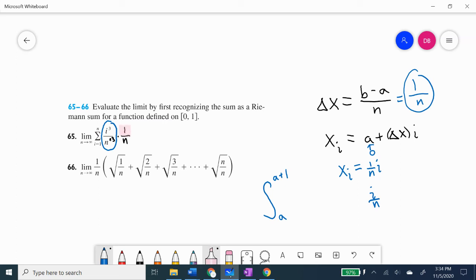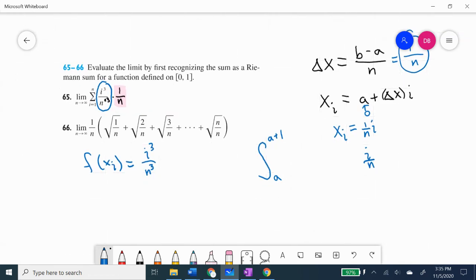My width, delta x, is one of the factors set aside. The rest of it is f of x sub I. And I am looking for just I divided by n in a formula.